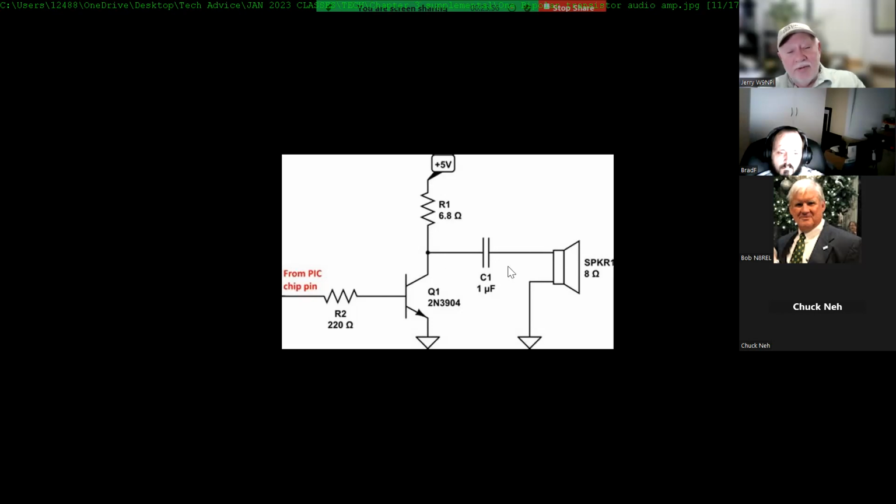Okay, well, what's going through the speaker then? What's going through this capacitor? The audio that's being amplified by the transistor, the audio is going through the capacitor to the speaker, and the DC is not going through. Okay, so what would you call the audio then? You call it AC. It would be an alternating current. That's how it gets past the capacitor. Very good.